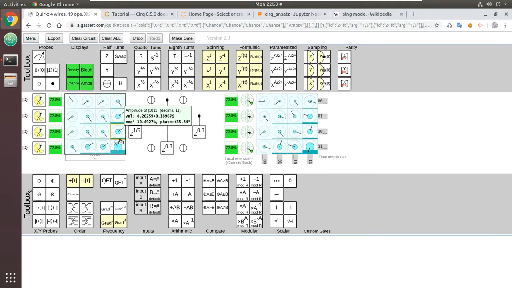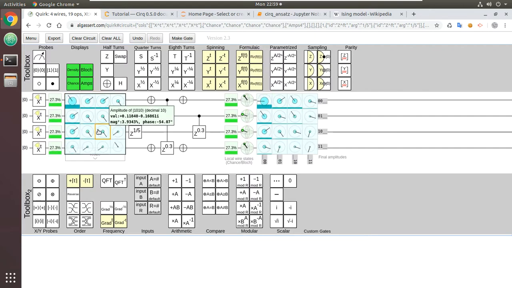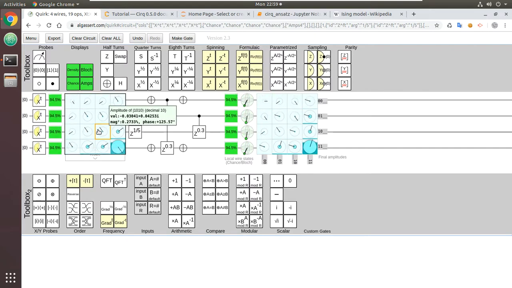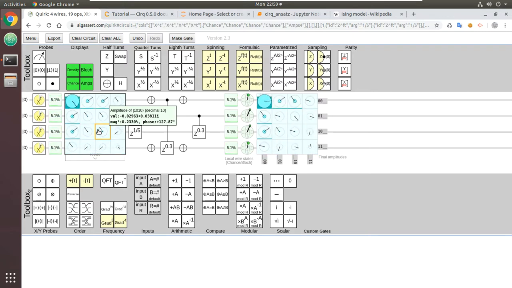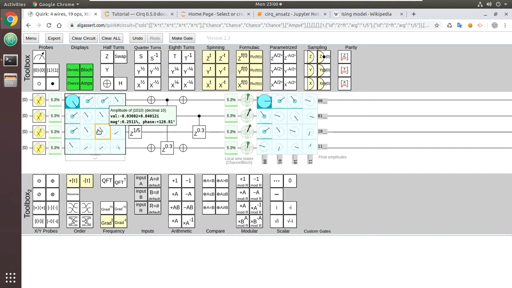What is the most probable state that you measure? And maybe that's the point, because you're measuring all of them at the same time.